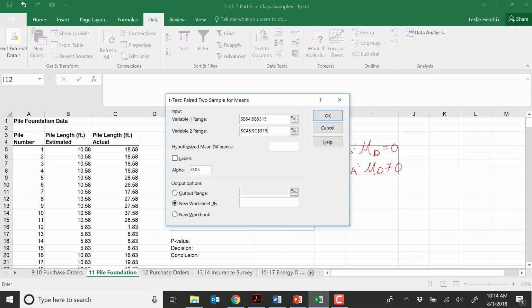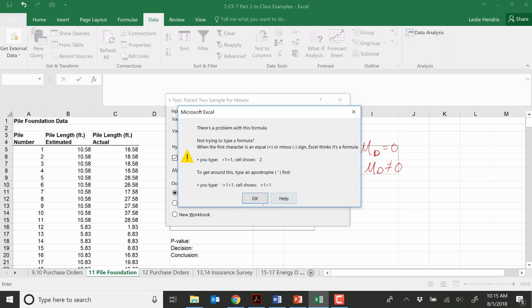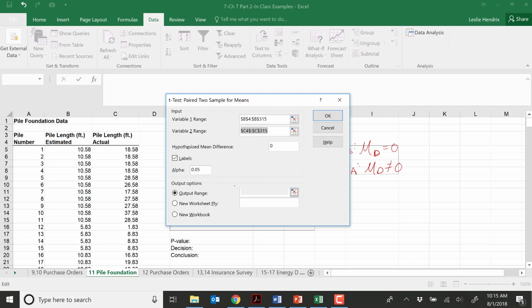And my hypothesized mean difference is 0. I did include my labels this time. And I'm going to put my output right here in this same sheet. Oops. Okay. I'm going to go ahead and put my output in the same sheet.